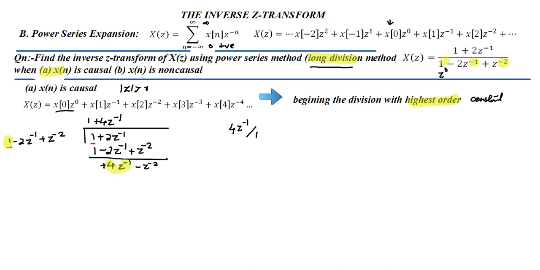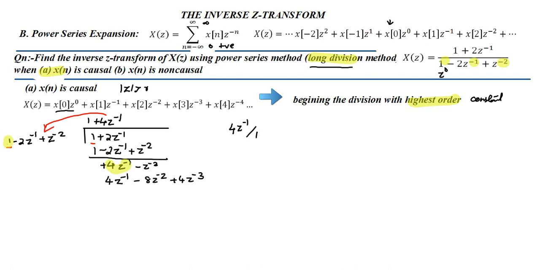Now I multiply this 4z raised to minus 1 with the divisor, which gives 4z raised to minus 1 minus 8z raised to minus 2 plus 4z raised to minus 3.